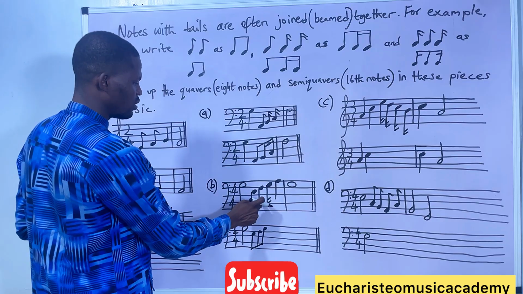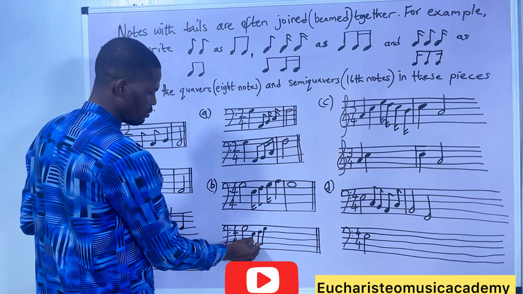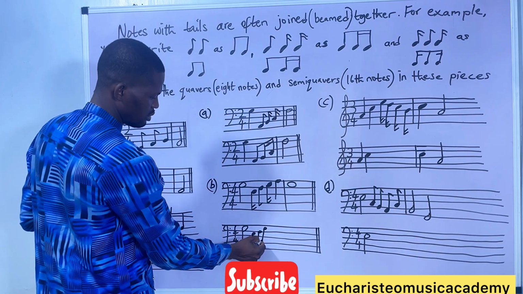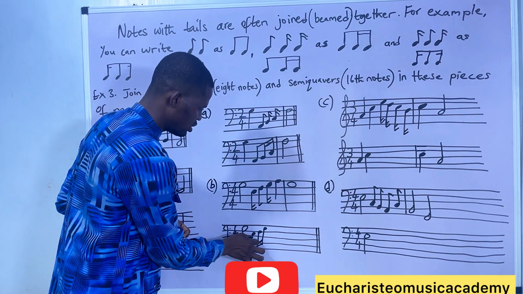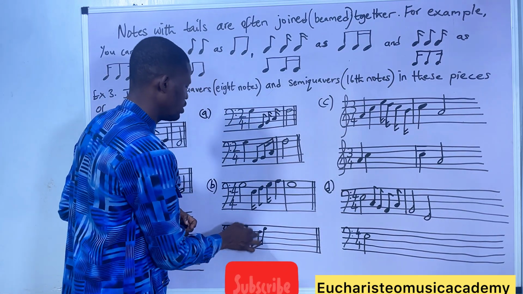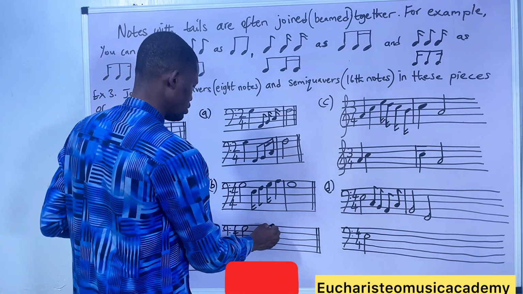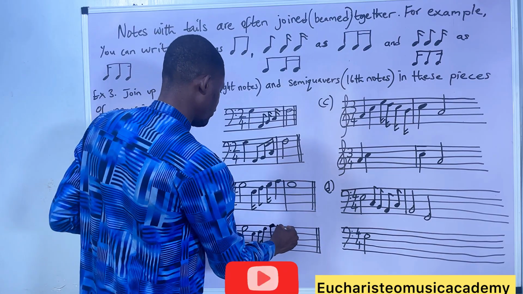This has two tails, so two tails. Come like this. Don't let it touch this middle note. Put our crotchet, our bar line, and our note.